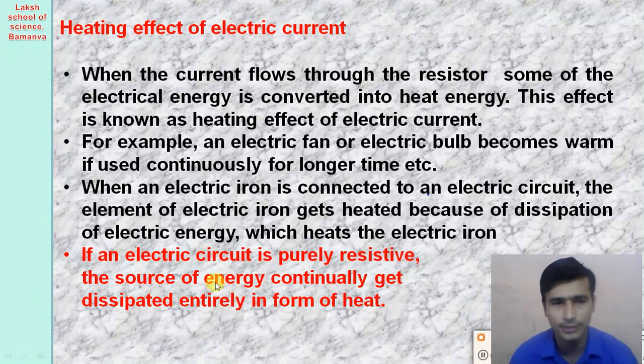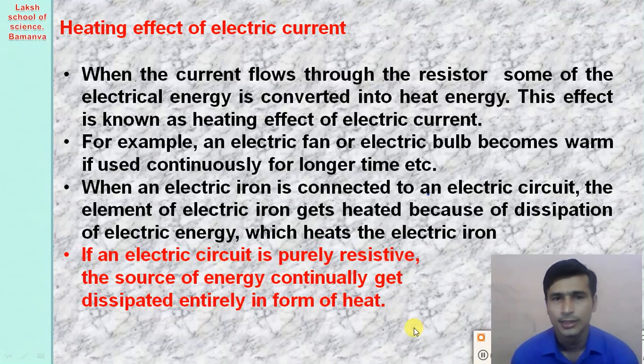So dear students, if an electric circuit is purely resistive, the source of energy continually gets dissipated entirely in the form of heat, and this is known as the heating effect of electric current.